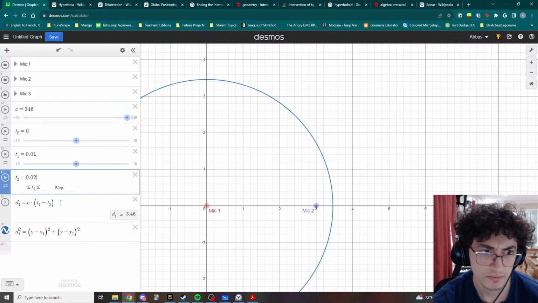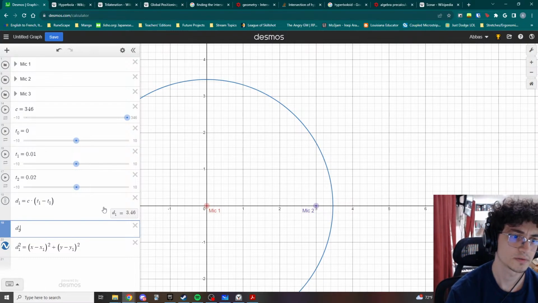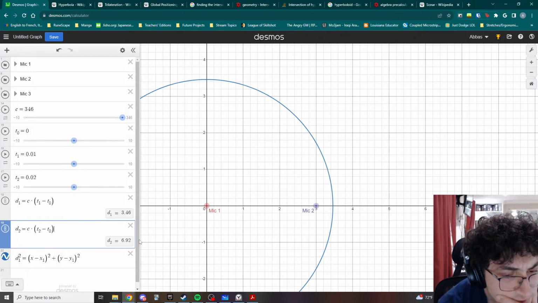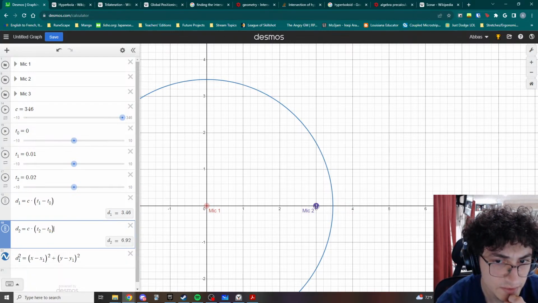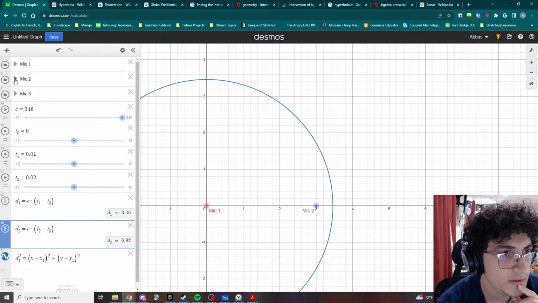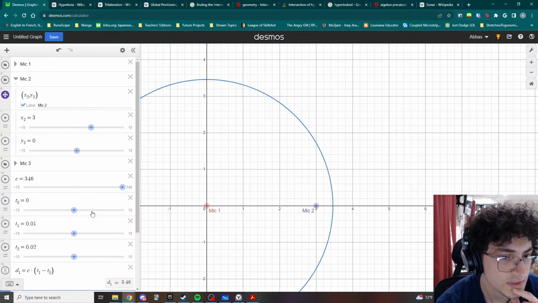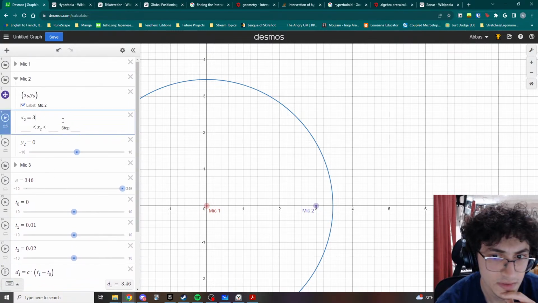D2 is equal to C times T2 minus T0. So then in this case, mic 2 has to be this much further away. 3.46 away, so it has to be 3.46 over here.